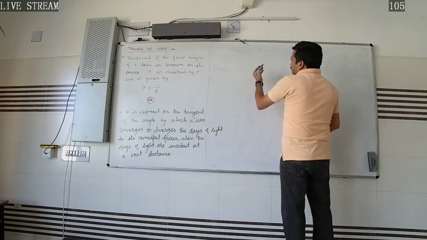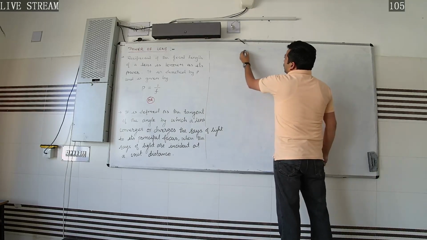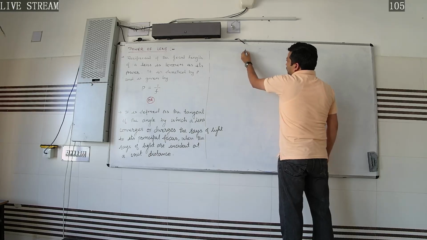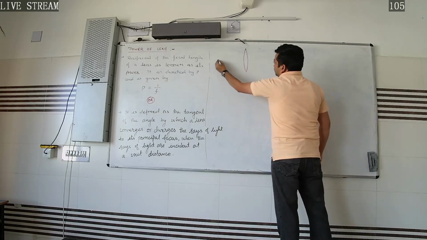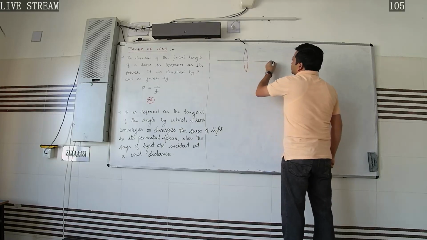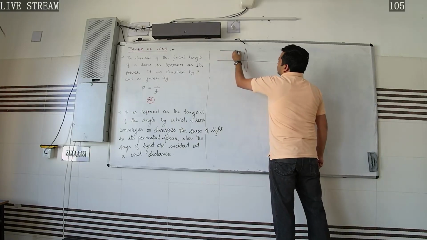Now, in order to understand it further, let us consider a convex lens is here. A ray of light is coming from the object.